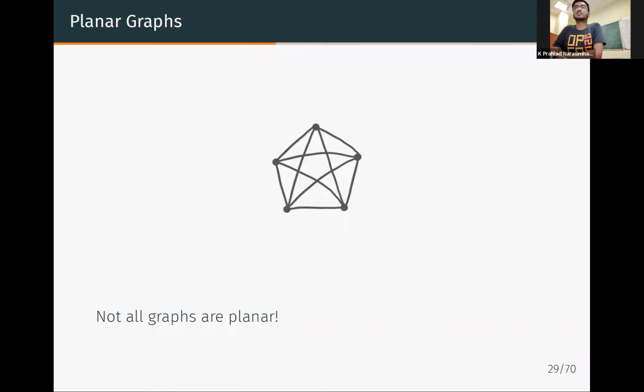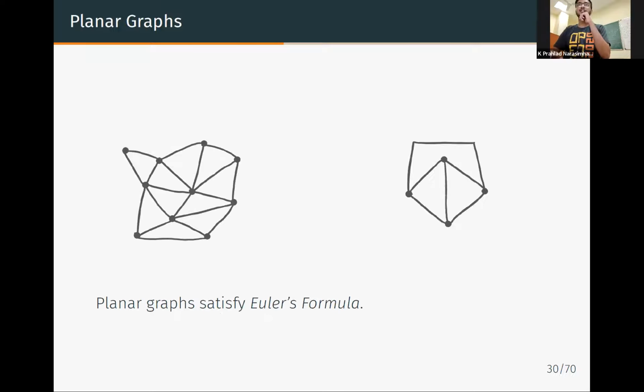For which I will tell you that I'm not going to prove it now, because the proof is once again highly non-trivial, because if you want to prove it from first principles, it uses some stuff from algebraic geometry and so on. Anyway, so there are things that are non-planar, but planar graphs are rich in the sense that they have a lot of properties. Let's look at one such property, which is something called Euler's formula.